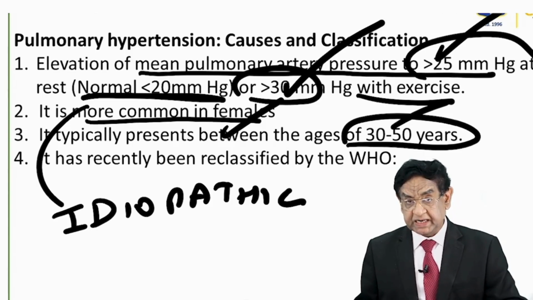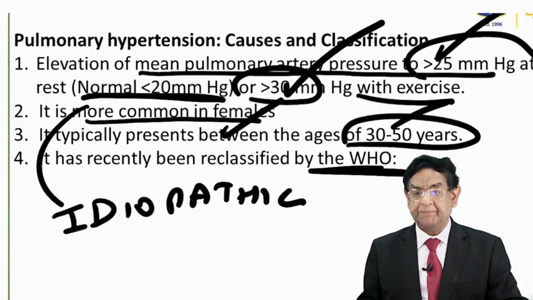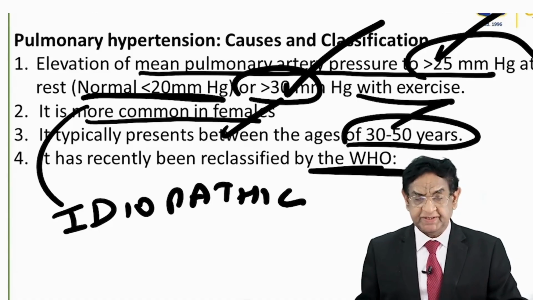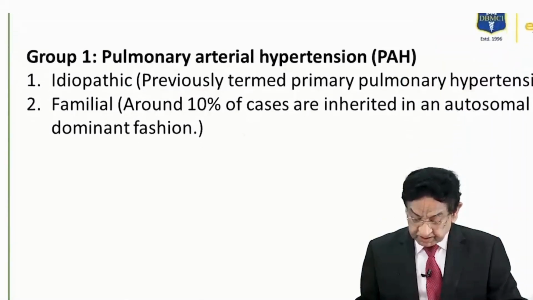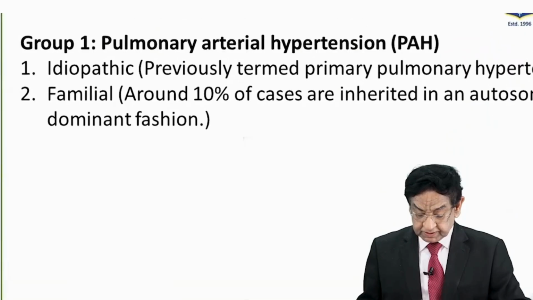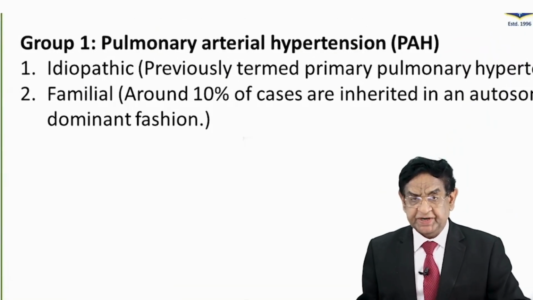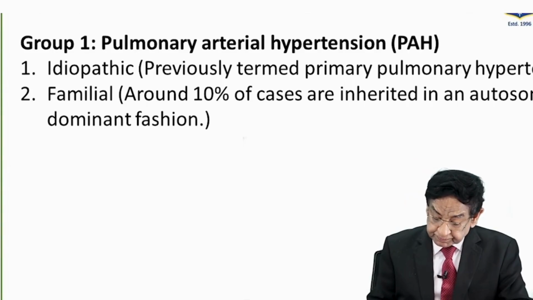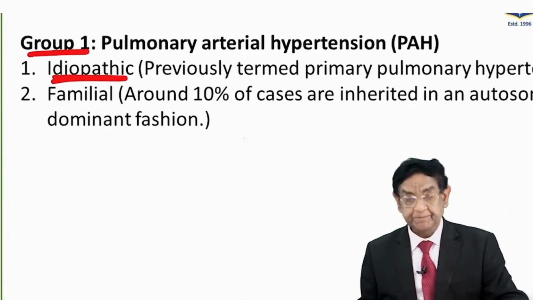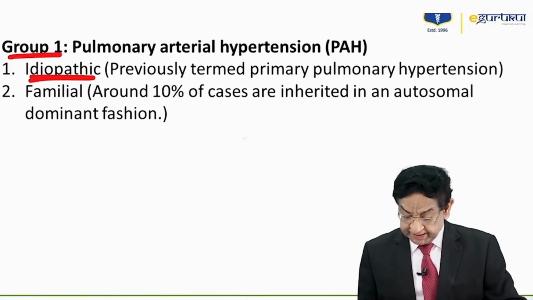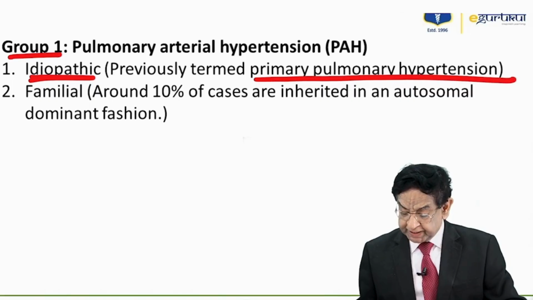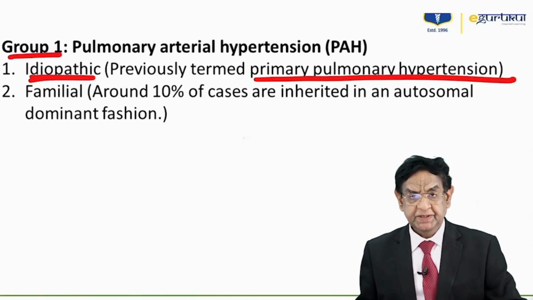And this is a classification by WHO. It is accepted worldwide. This is the definition which is there in all the books, in all the literature. So let us see how they group the PAH. They have grouped into different conditions. Group 1 includes idiopathic, what was previously known as primary pulmonary hypertension, right?